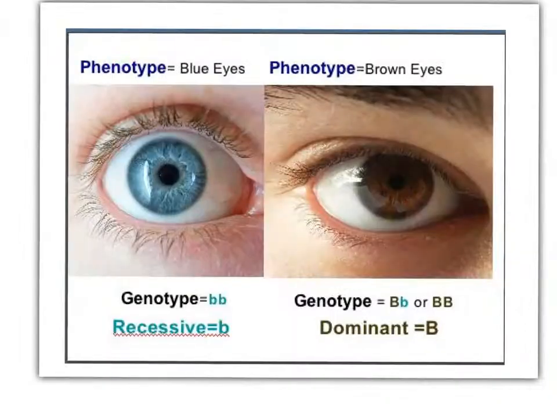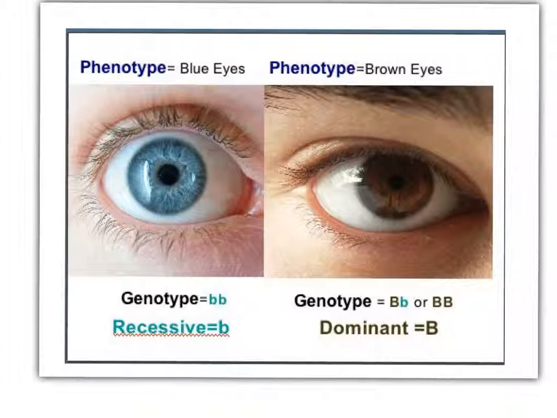So one thing to do in your exam is predict the outcome of a blue-eyed parent mating with a brown-eyed parent and what their offspring would be.